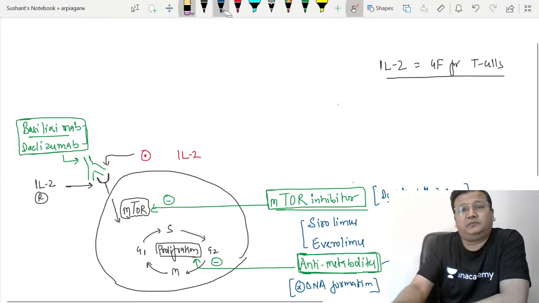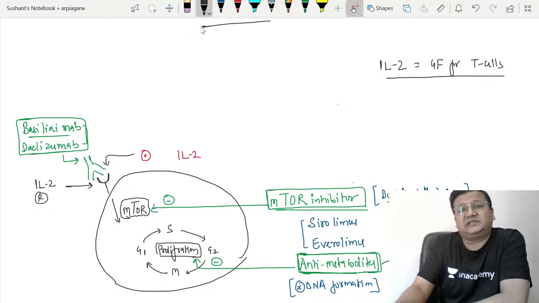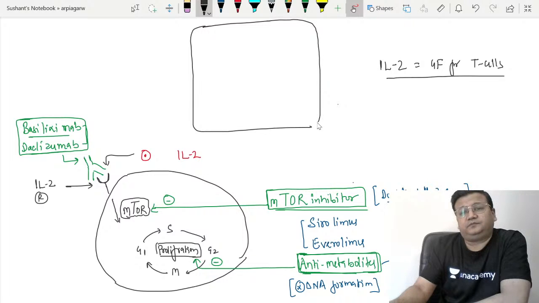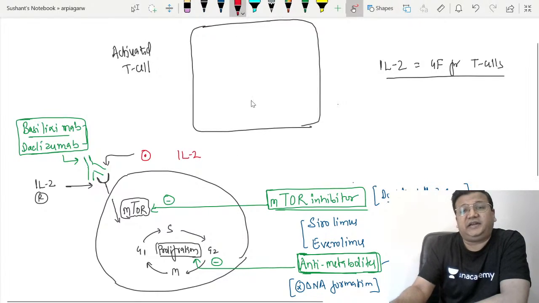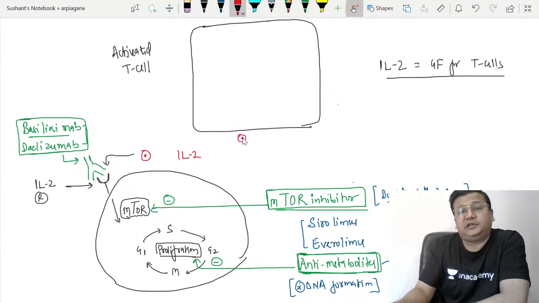So let's say this is an activated T cell, and this is going to secrete interleukin 2. The interleukin 2 which we have seen here is going to come from this activated T cell. So this T cell is going to synthesize and secrete this interleukin 2.